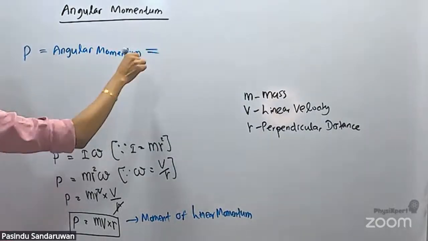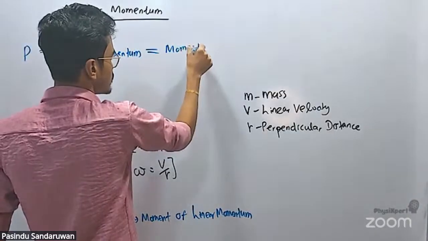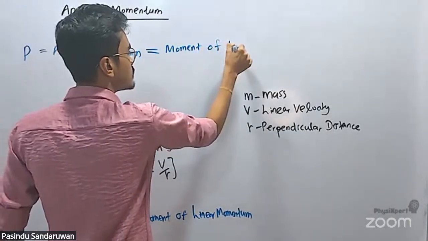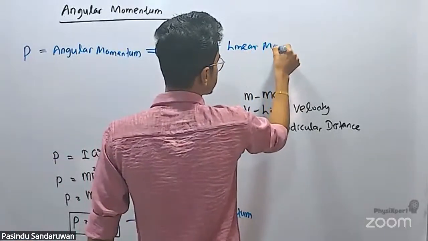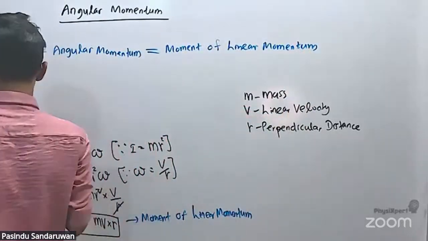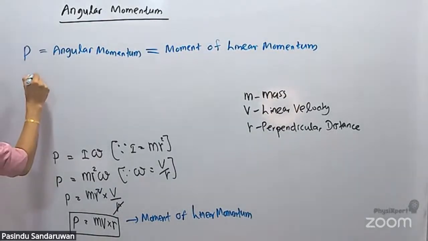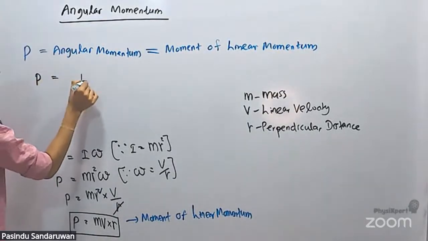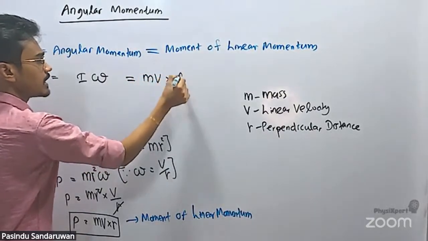Angular momentum can also be written as what? Moment of linear momentum. As equations, if I write this, P equals I omega, right? And this is mvL, right?